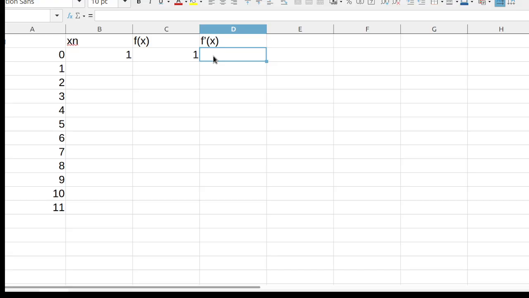And our f prime was 4 times our x sub n to the 3rd power plus 3 times our x sub n to the 2nd power.